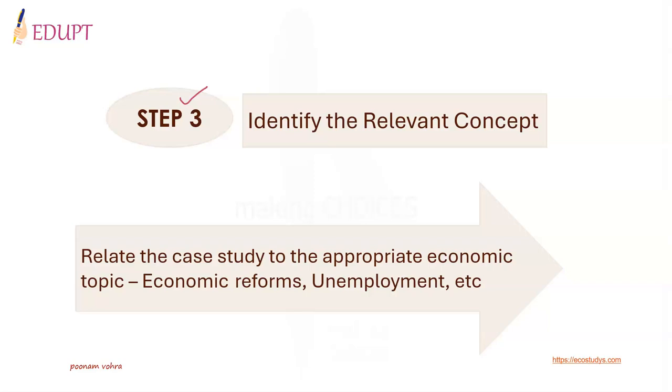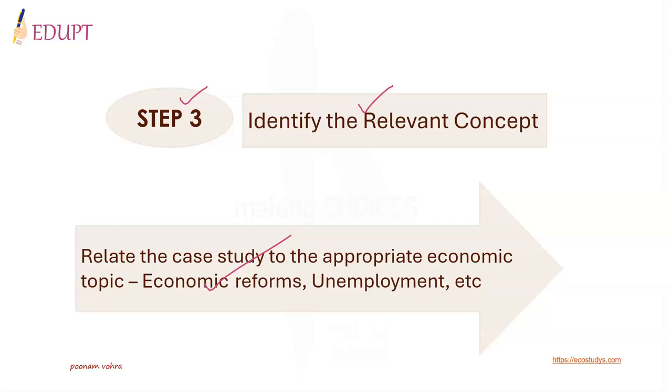Step 3. Identify the relevant concept. That is, relate the case study to the appropriate economic topic. The economic topic may be, for example, relating to poverty, simple demand and supply, economic reforms, unemployment, theory of income and employment determination, and so on.